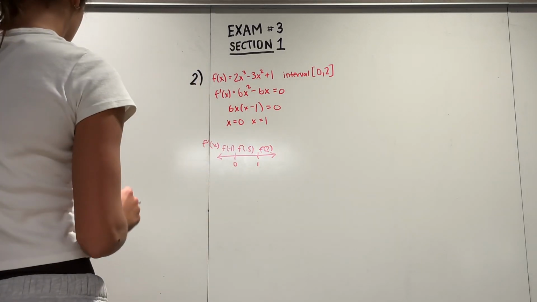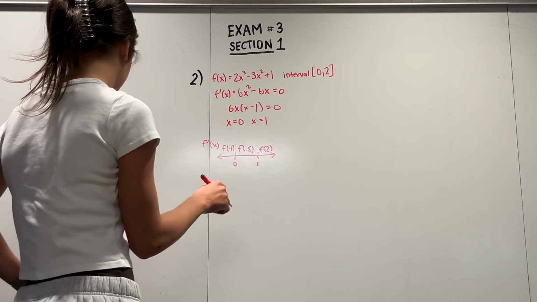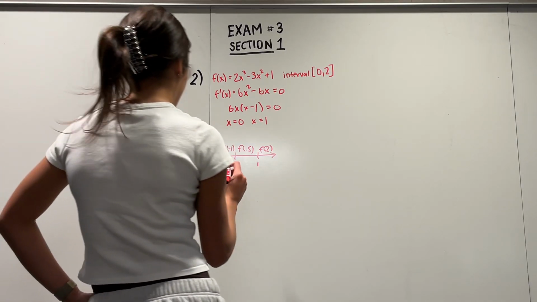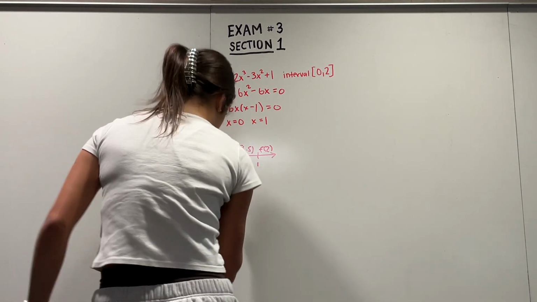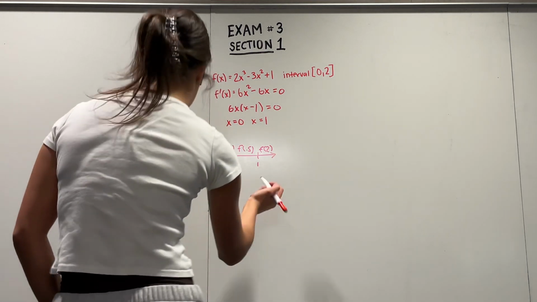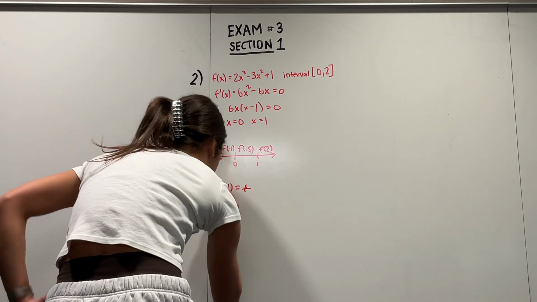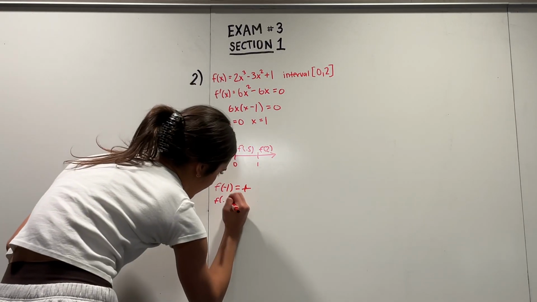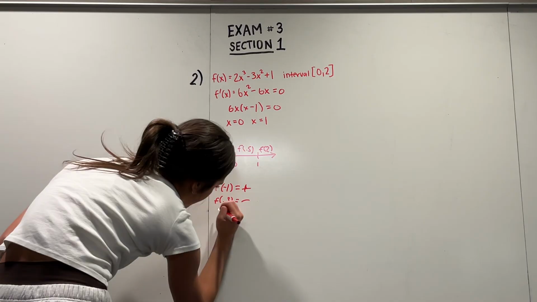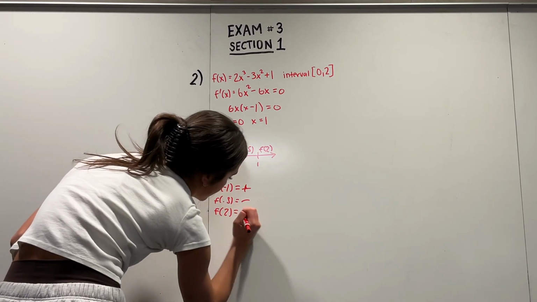Now, when you get these values, you're going to get either positive or negative. So f of negative 1 ends up being positive, and then f of 0.5 ends up being negative, and then f of 2 ends up being positive.